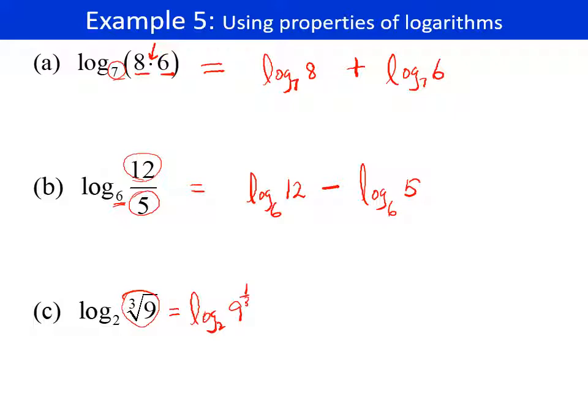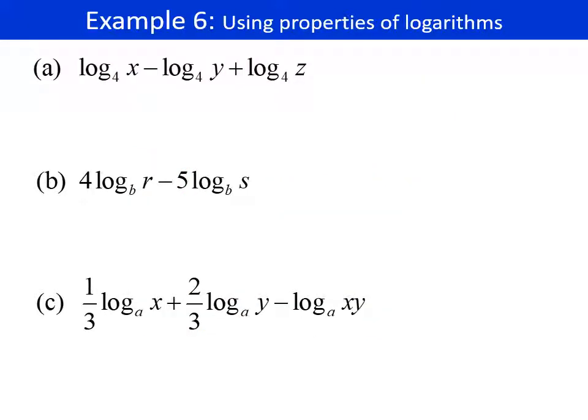So here we have something with an exponent raised to an exponent. So we're going to multiply exponents. One exponent is the 1/3. The other exponent is the disguised exponent. So there's the three properties of logarithms.